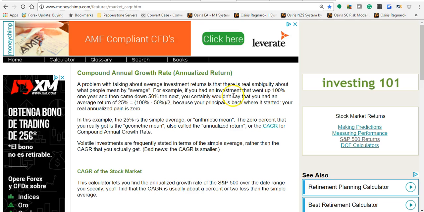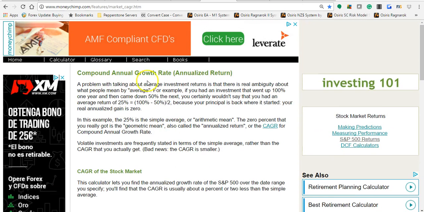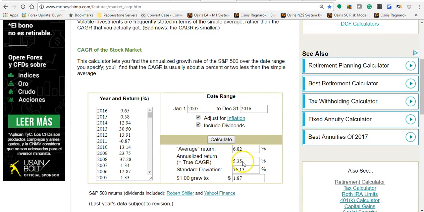First, we have talked about the compound annual growth rate based on the S&P 500. If I take January 1st, 2005 to December 31st, 2016, adjust for inflation and include dividends, the true compound annual growth rate is 5.35.